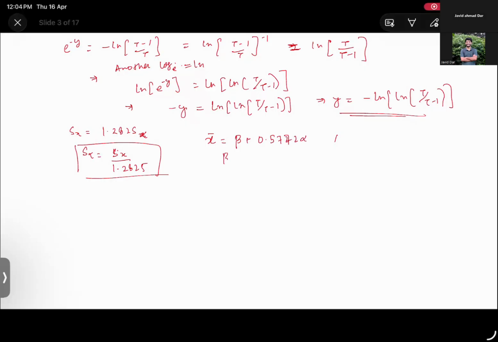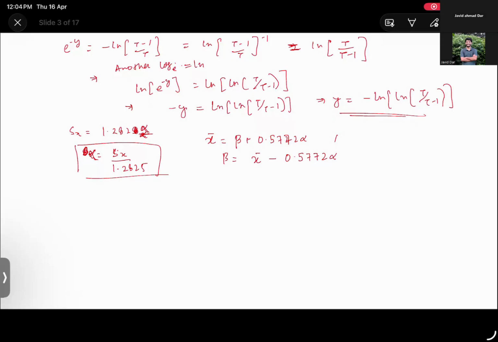So beta can be represented as x bar minus 0.5772 alpha. Sorry, this is alpha here, it's not standard deviation, it's actually alpha.